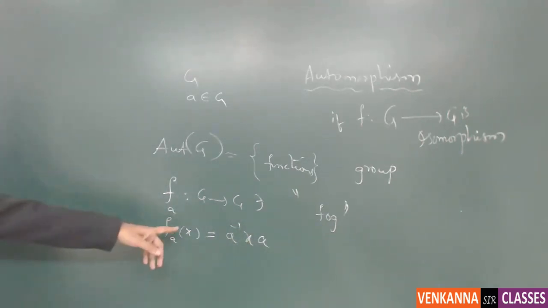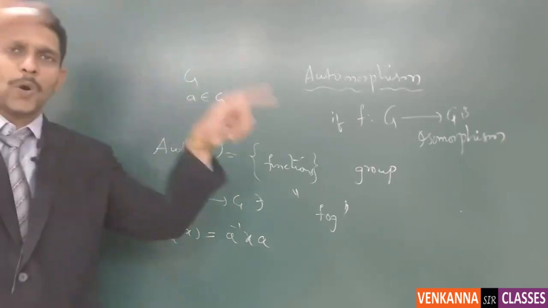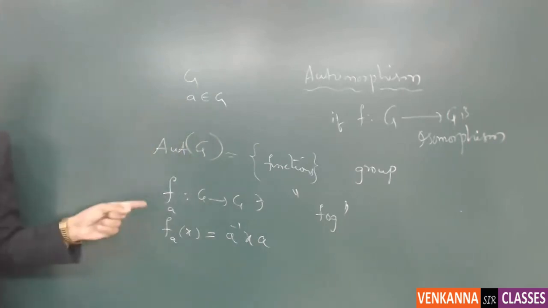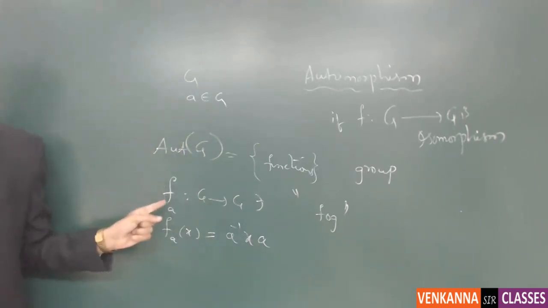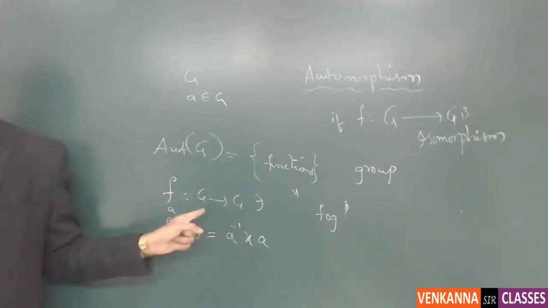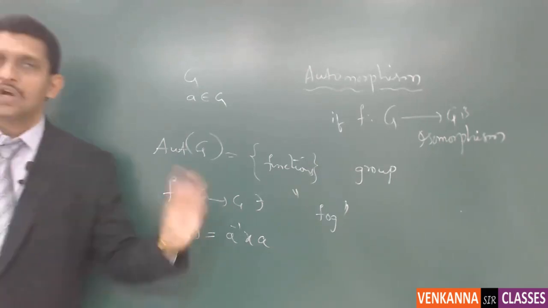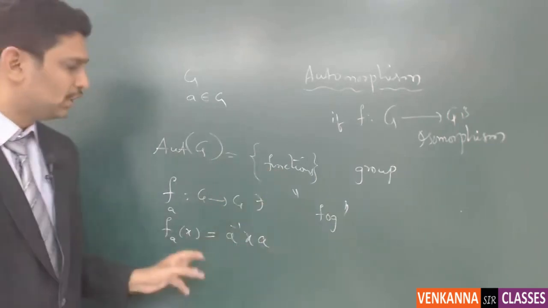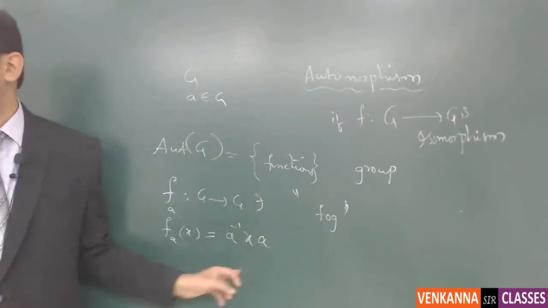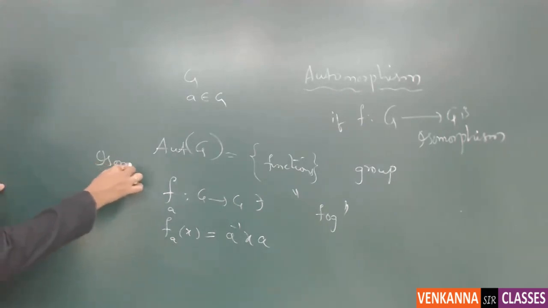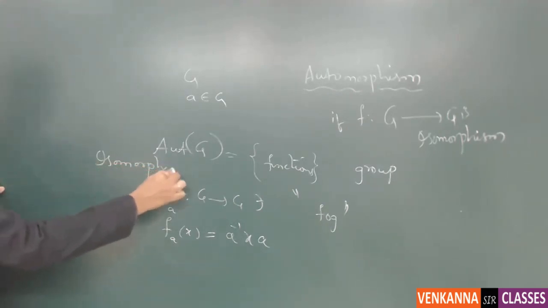Now see how the function is defined. In the whole set G, I took an element a. Whatever the x you take, you are defining the function like this. So this will become an isomorphism.